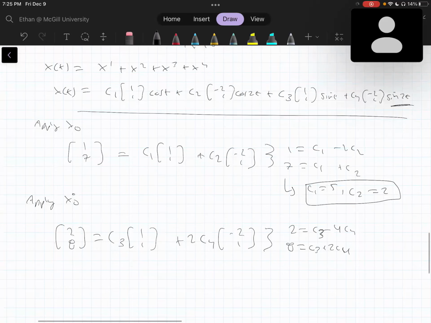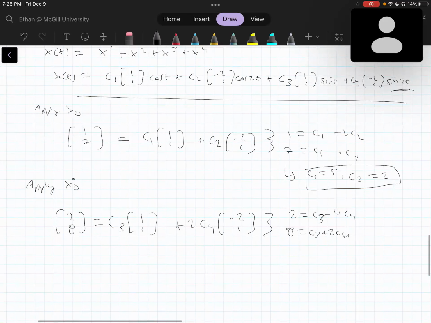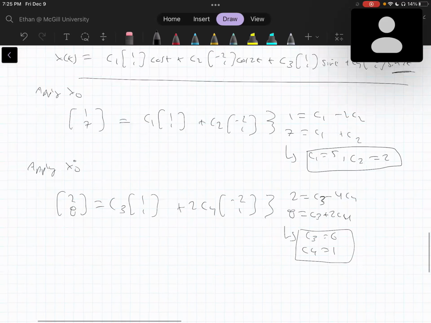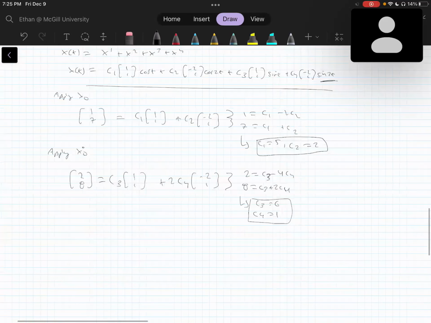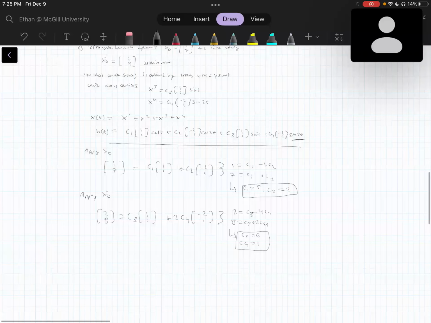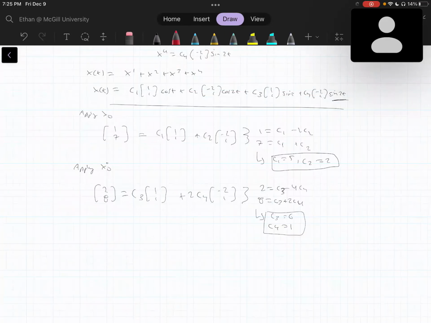We're going to get that C3 is equal to 6 and C4 is equal to 1. So now we have our final solution. Our final solution can be obtained by plugging C1, C2, C3, C4 back into here.